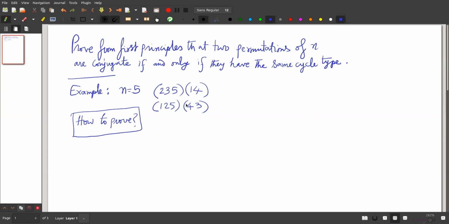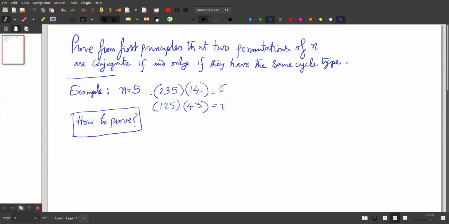But let us look at this specific case first. Can somebody please tell me which permutation will conjugate this one to this one? So let's give these some names. This is, let's call it sigma. Let's call this tau.